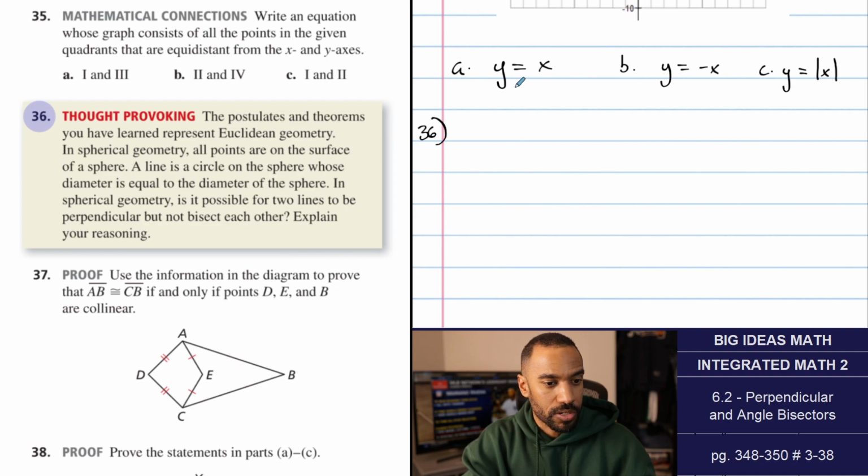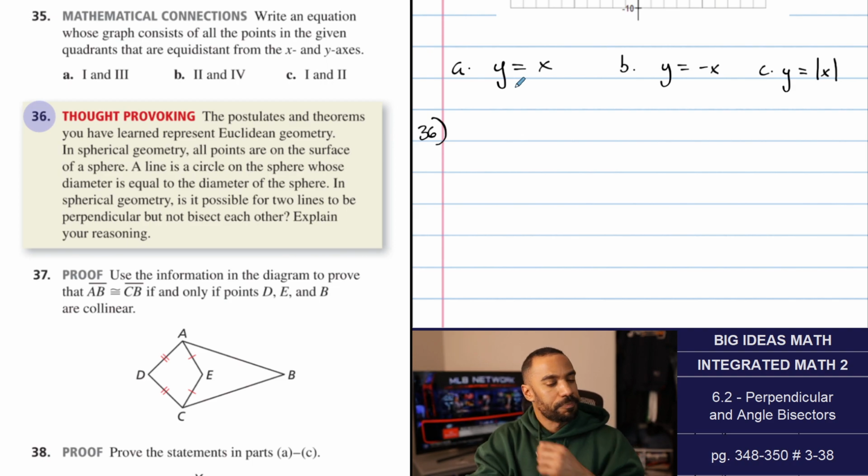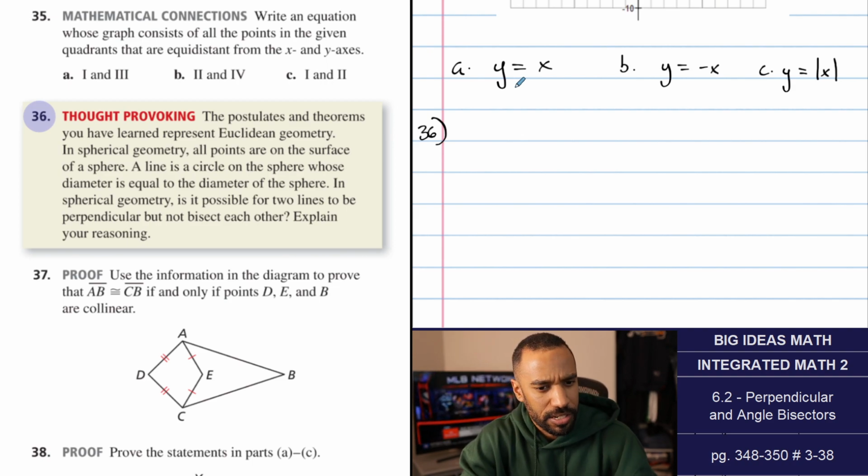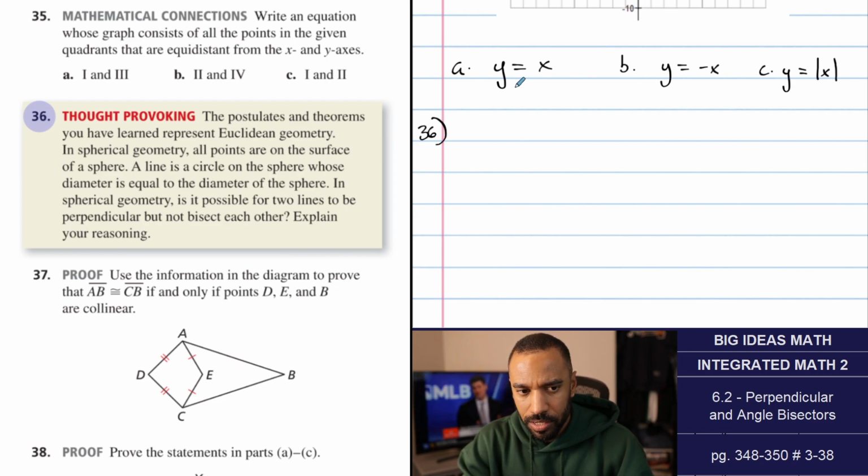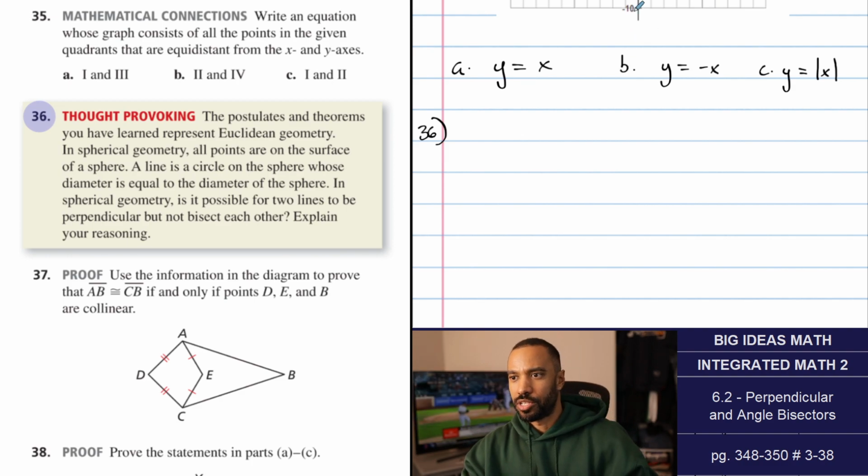I'm going to have to think about this question. In spherical geometry, is it possible for two lines to be perpendicular but not bisect each other? Explain your reasoning. Okay, I think I understand what they said.